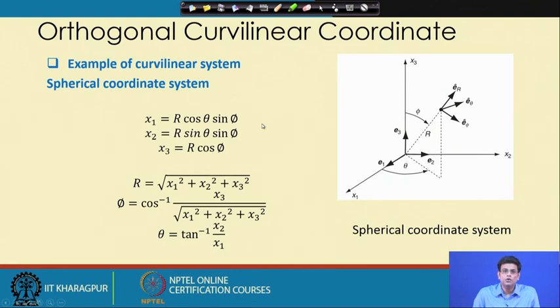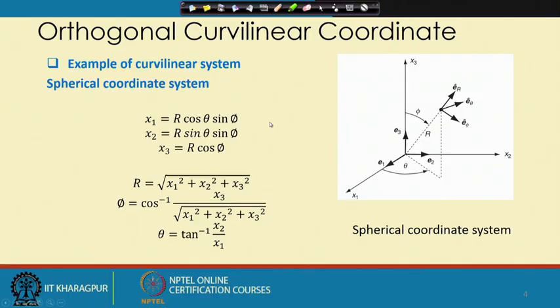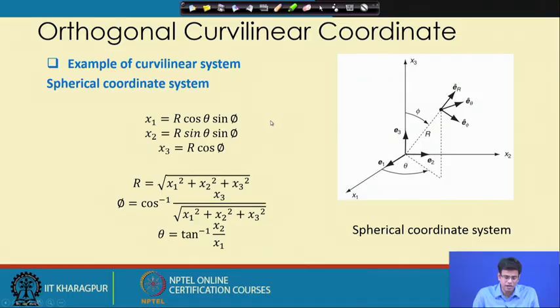In this course, we will be mainly using cylindrical and spherical coordinate systems. There are other coordinate systems which do exist, but we will not consider them, and we will mostly consider only the cylindrical and spherical coordinate systems.